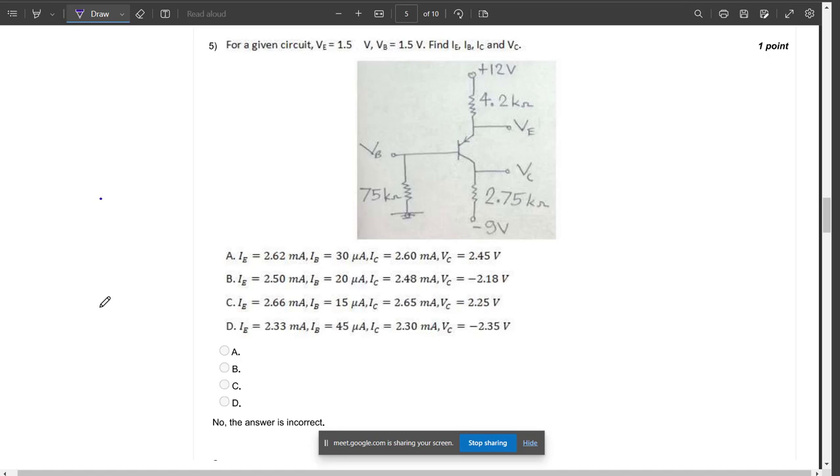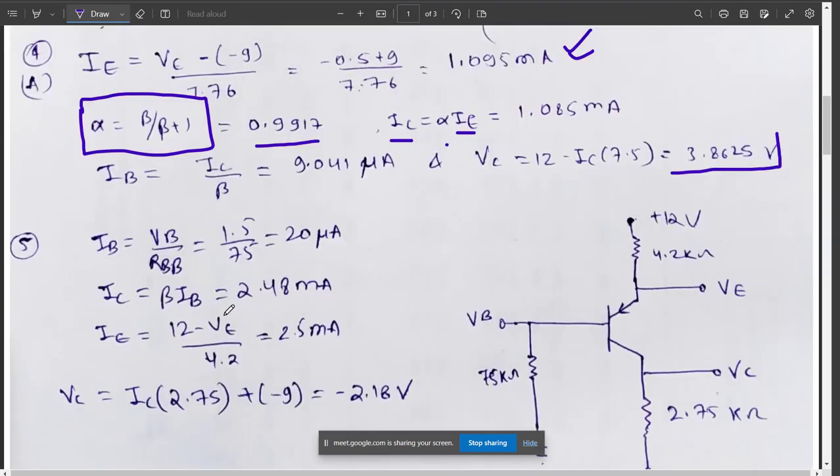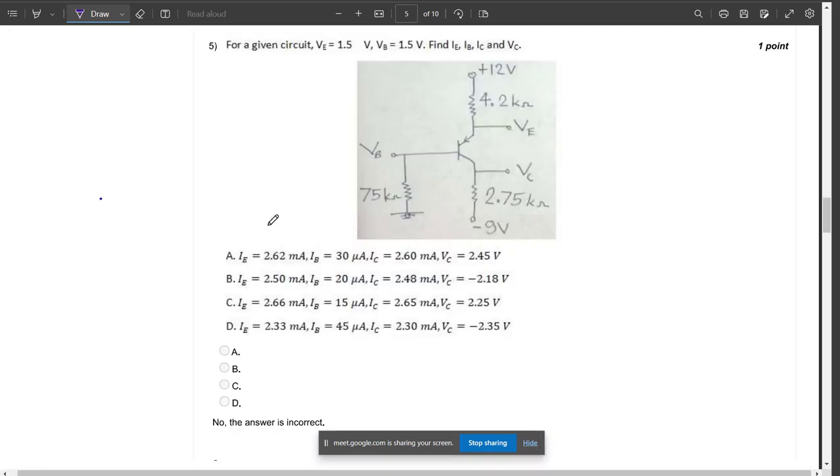Ma'am, should the beta be given here? Yeah, beta should be given. Madam, we can find IE directly. How can you find IB directly? Ma'am, VE is given, so we can find IE. Yeah. Then we can find IC.